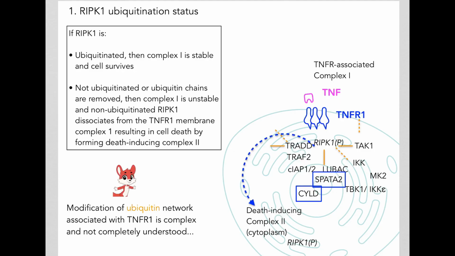So this modification of the ubiquitin network associated with TNFR1 is important, and how this is actually done seems to be very complex, and until now we don't completely understand this process.